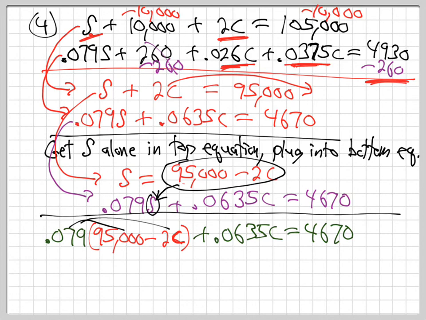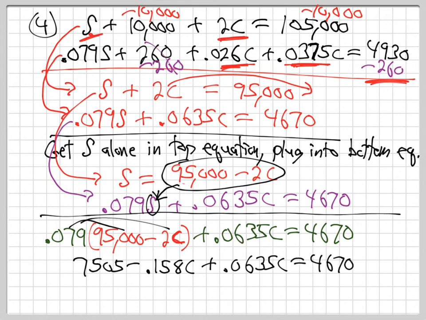0.079 times 95,000. I'm getting 7505 minus 0.079 times 2 is 0.158C plus 0.0635C is 4670. Combine these two together. 7505.